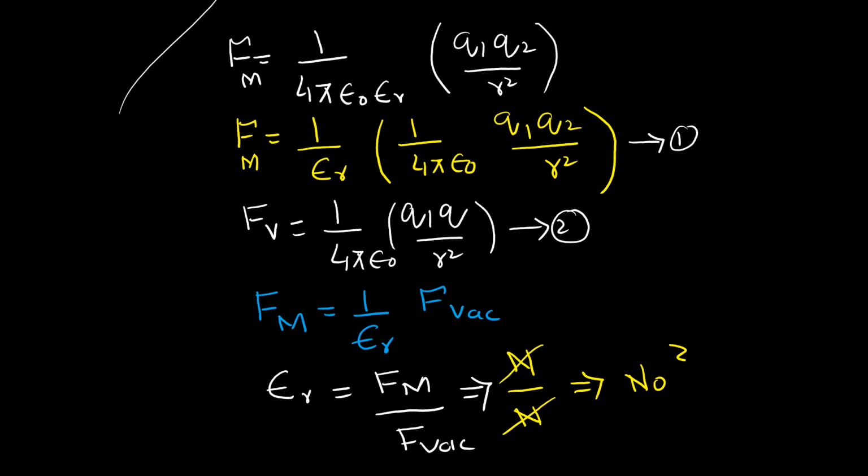Relative permittivity is basically known as the dielectric constant of a medium.